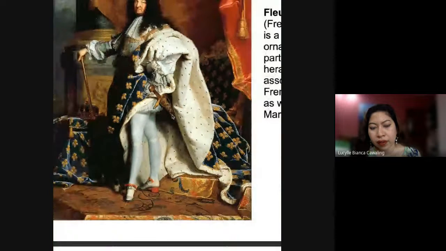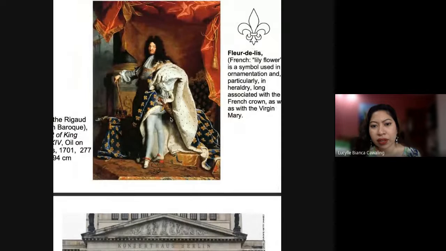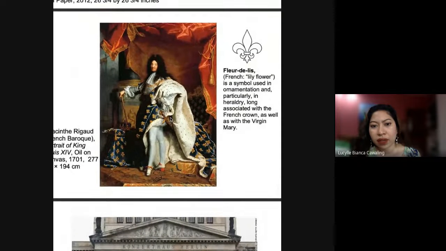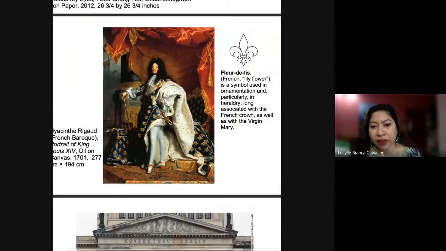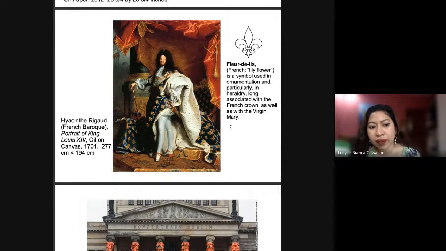The fleur-de-lis is French for lily flower. It is a symbol used for the French crown as well as the Virgin Mary.